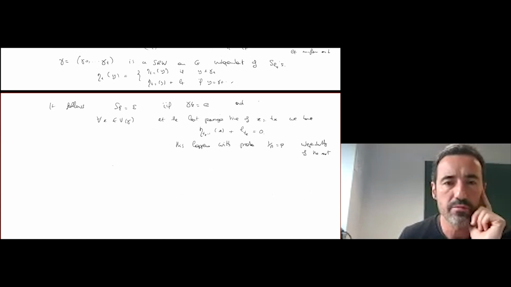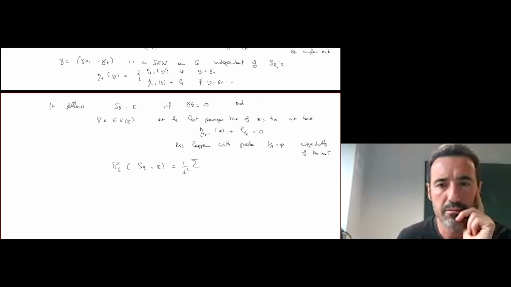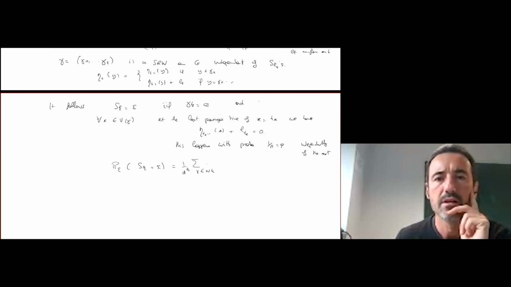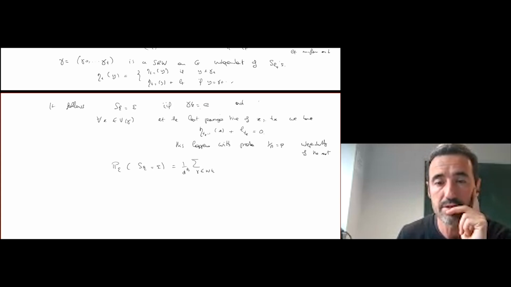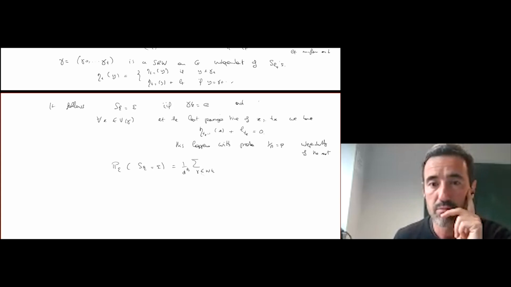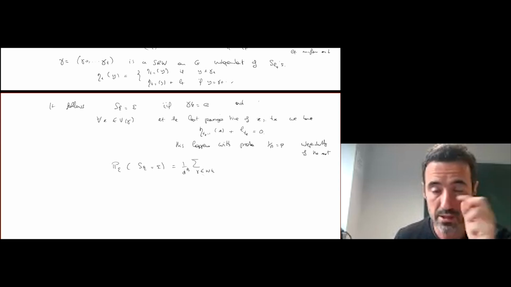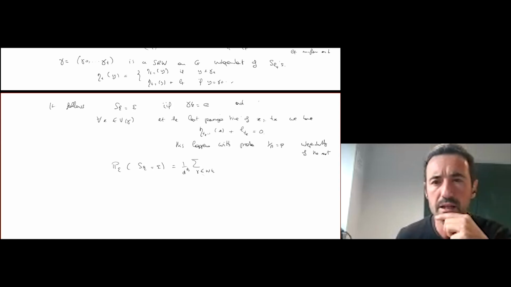So to summarize, we have put as a probability that S_k is epsilon is equal to 1 over d^k, sum over gamma. So this is because for this event, I look at the probability that the walker is back at the unit of the group. You have to sum over all closed walks of length k, and each walk has a weight 1 over d^k, and this probability.